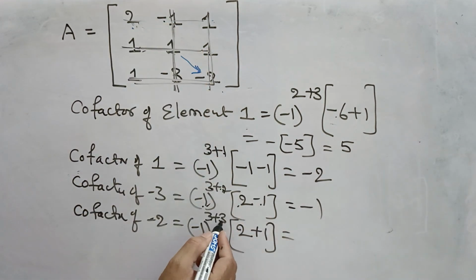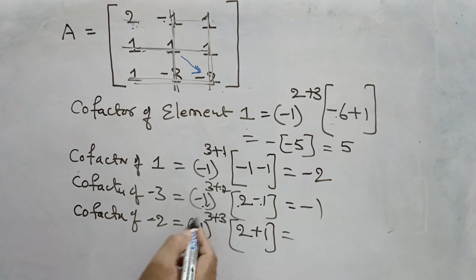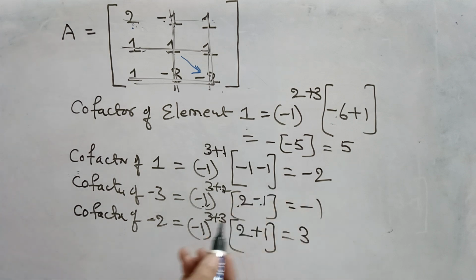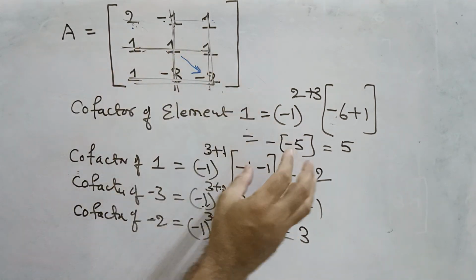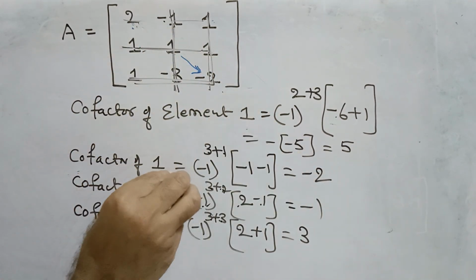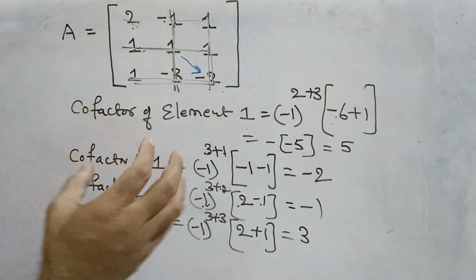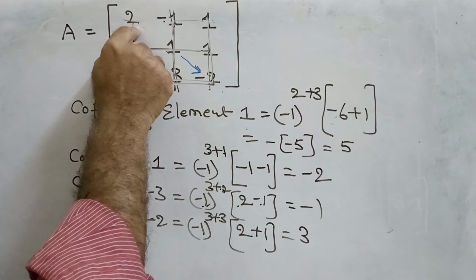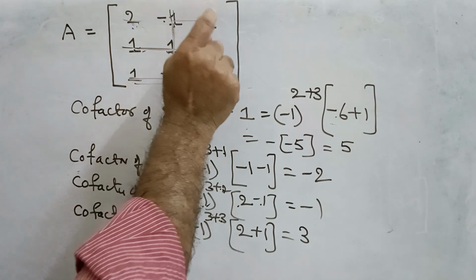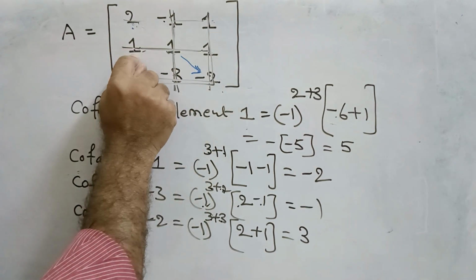It is 3 plus 3, 6, an even number, so the sign must be plus. 2 plus 1 is 3, plus 3. Then by taking all these values, you have to write the cofactor matrix. We already found the cofactors of each element. So what is the cofactor of 2? What is the cofactor of minus 1? What is the cofactor of 1?